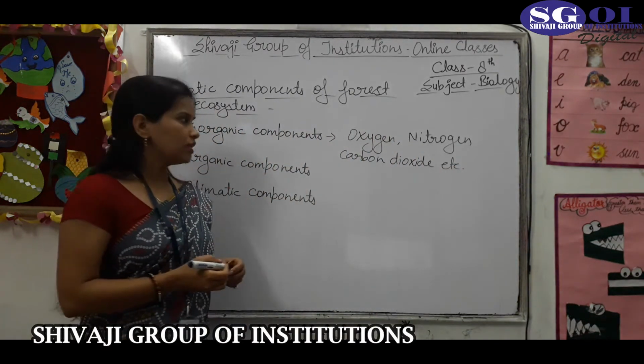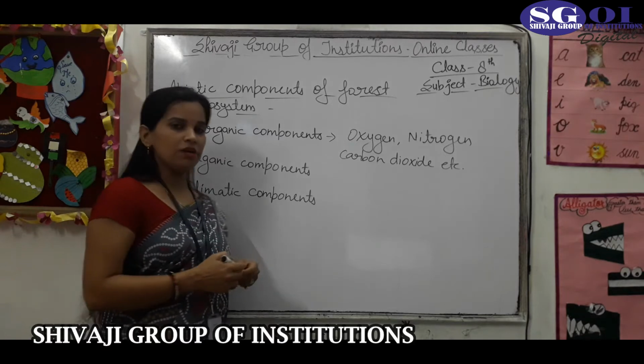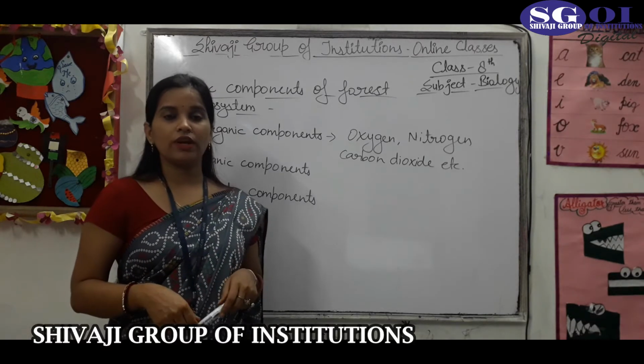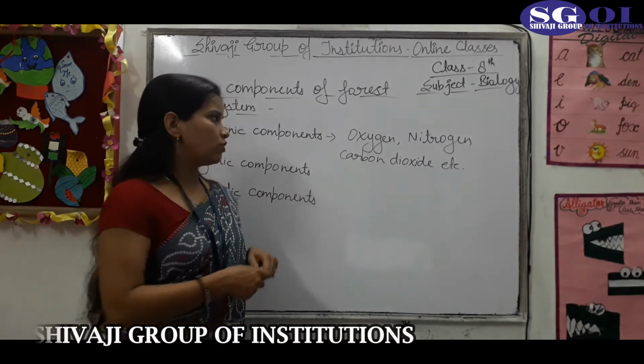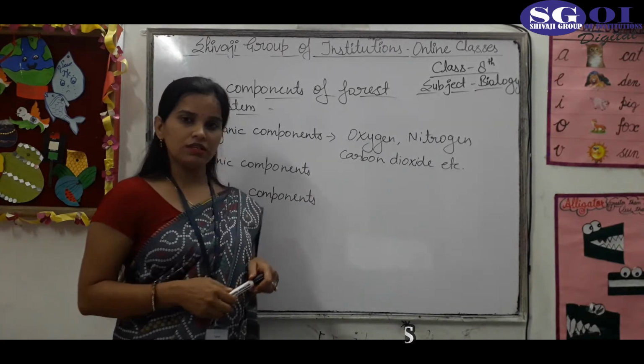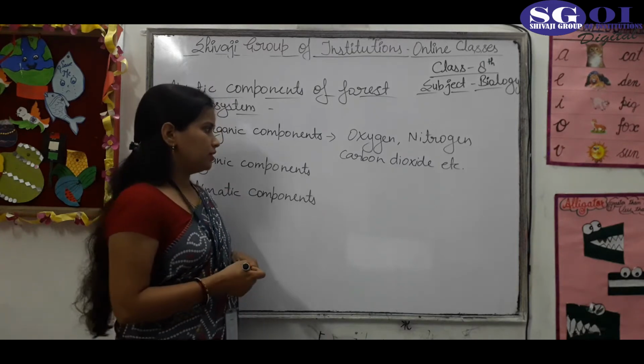So these inorganic components, means these gases, are required by the plant for the various activities, like respiration and the process of photosynthesis. These inorganic nutrients or these inorganic components are required.